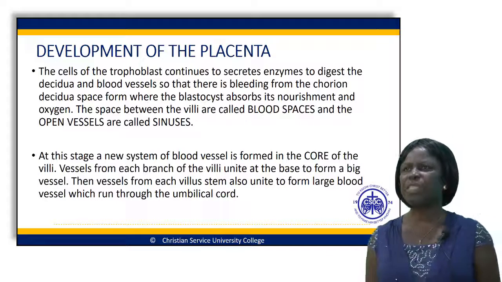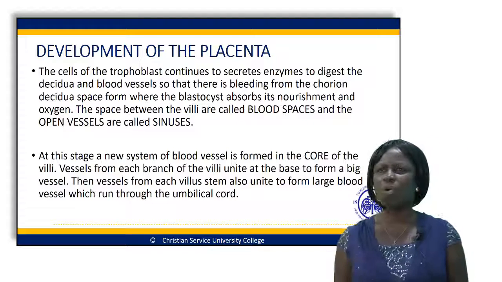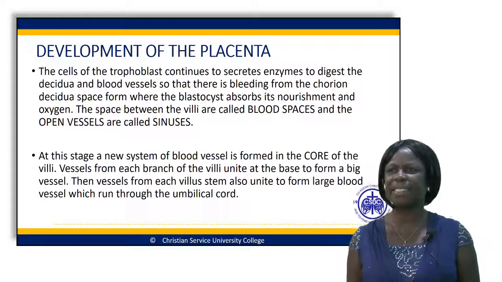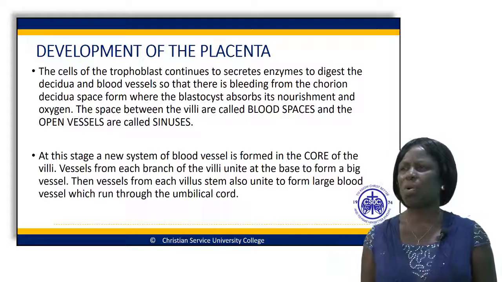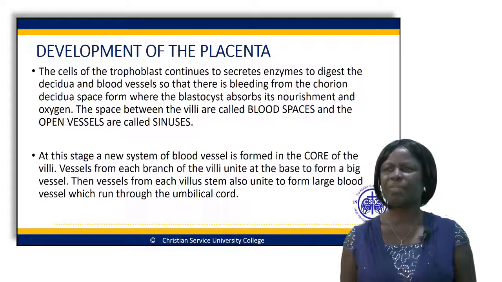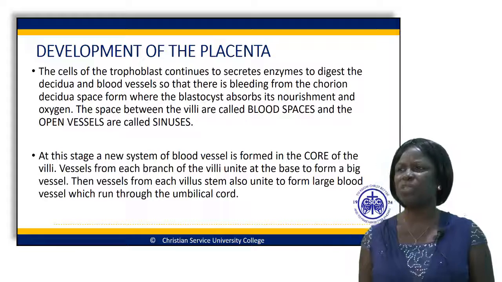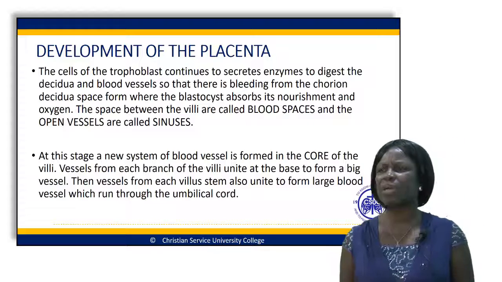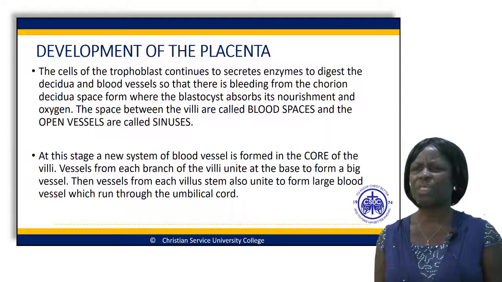The spaces between the villi are called blood spaces, and the open vessels are called sinuses. At this stage, a new system of blood vessels is formed in the core of the villi. Vessels from each branch of the villi unite at the base to form a big vessel. Then vessels from each villous stem also unite to form large blood vessels, which run through the umbilical cord.